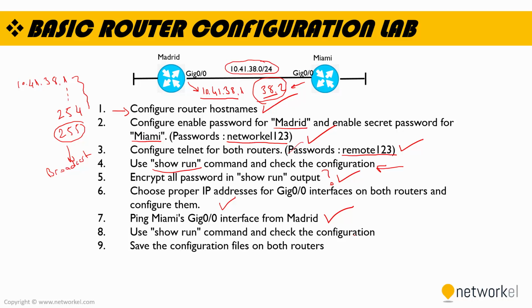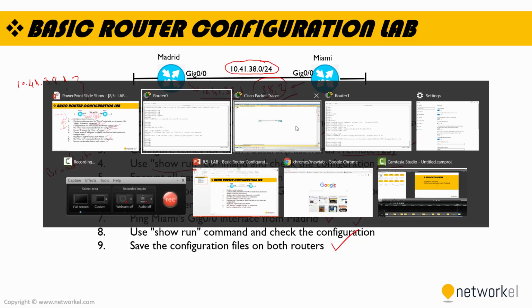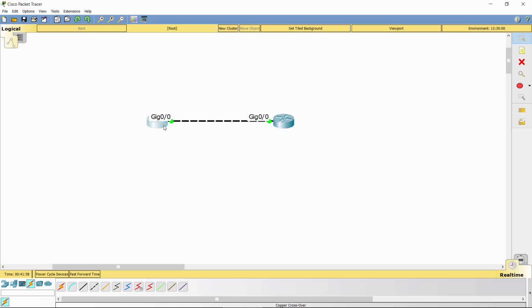In the 8th step, it's telling us to use the show run command and check the configuration for the last time, okay. And in the last step, it's telling us to save our configurations on both routers. Let's save the configuration first.